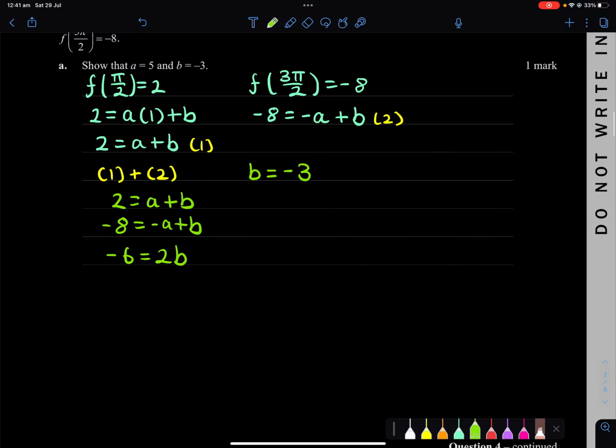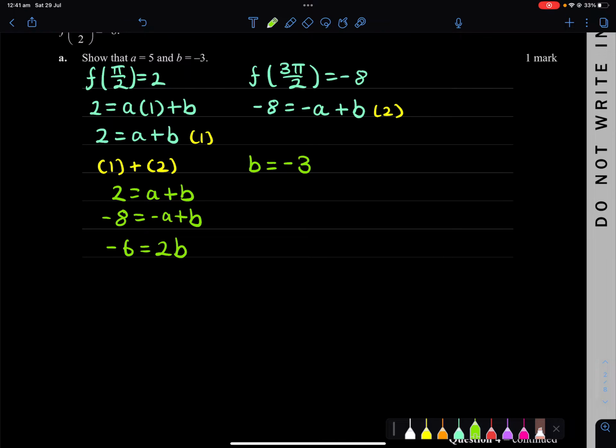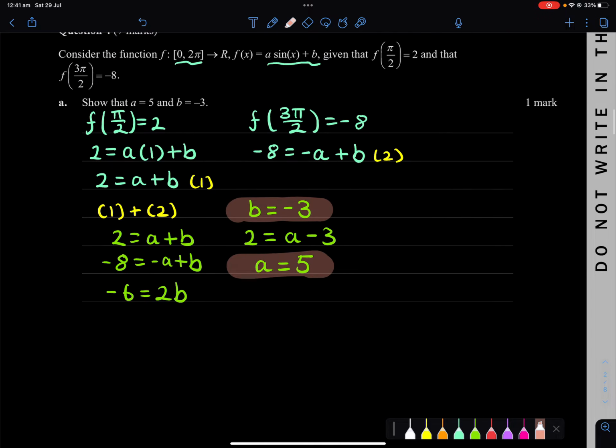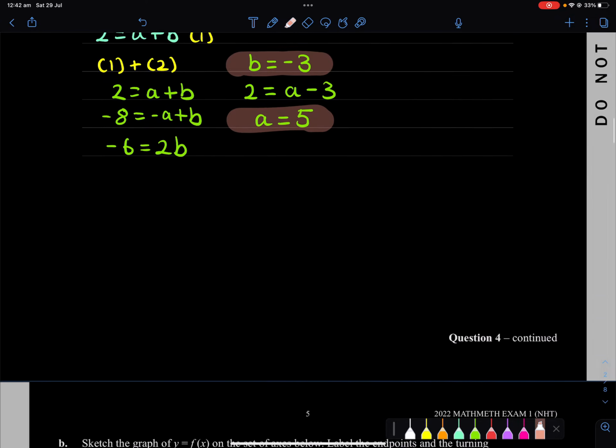Because we know b equals negative 3, we can put it into any equation, but I'm going to put it back into equation 1. We get 2 equals a minus 3, so a is equal to 5. So we've shown that a equals 5 and b equals negative 3.